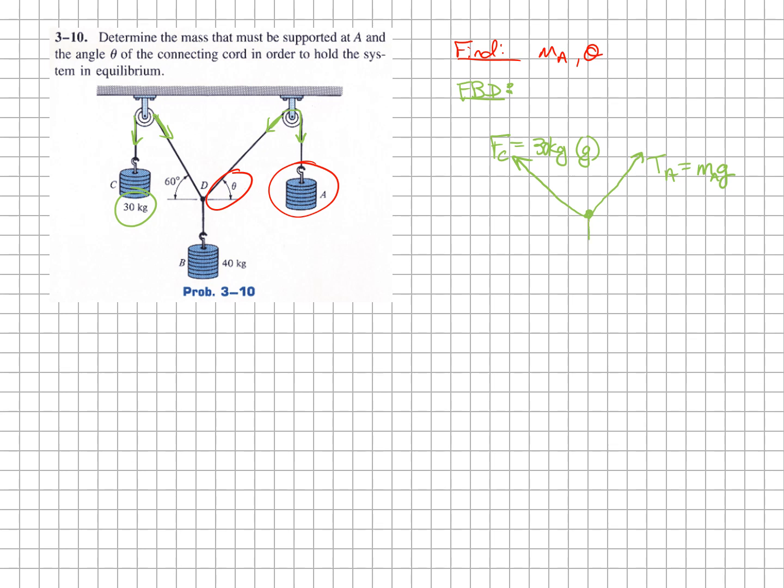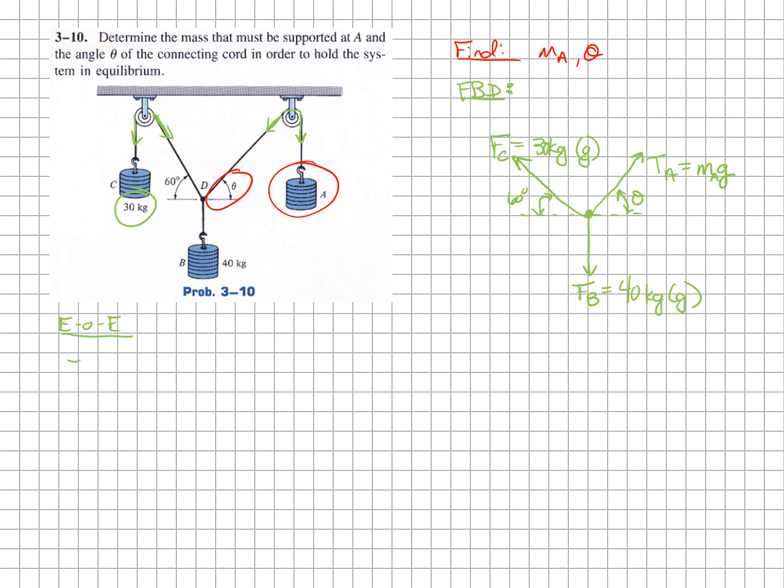And then we have the force coming off here, FB, which is equal to 40 kilograms times gravity. And that's the weight at B. And we know this angle is 60 degrees, and we need this angle, so this is unknown, of theta. So we can solve here with our equations of equilibrium.